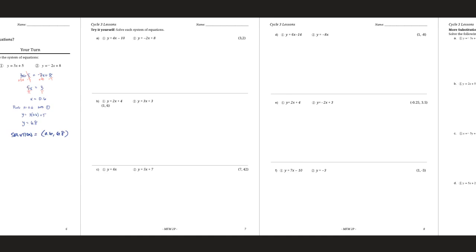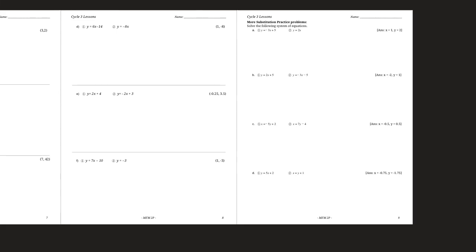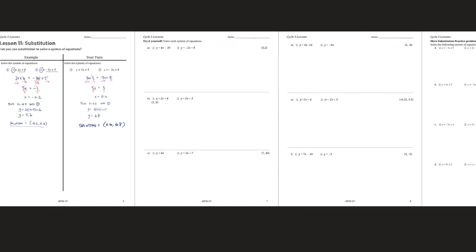You'll notice the answers are here. Well, this one's down here, but the rest of them, they're all on the right-hand side. So you should be getting those answers. If you're not getting those answers, you probably did something wrong. So go back and check your work or ask the teacher. Okay? So give those a shot. When you're really comfortable with that, you can try these challenge problems out at the end. Okay? Good luck.